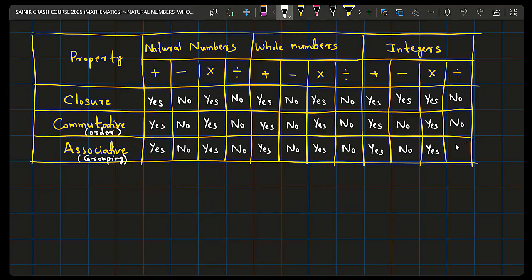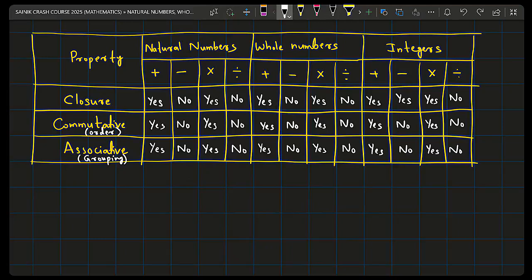And division, no. So you can see natural numbers, whole numbers, and integers are having similar properties, except for closure property under subtraction. No, no, yes. This is the only difference, and all the remaining properties act the same. So you can remember this. Until here, if any doubts are there, you can ask.